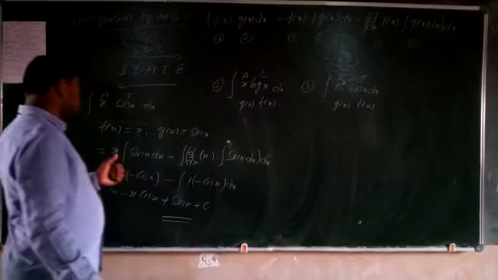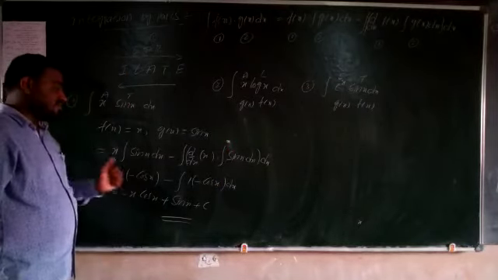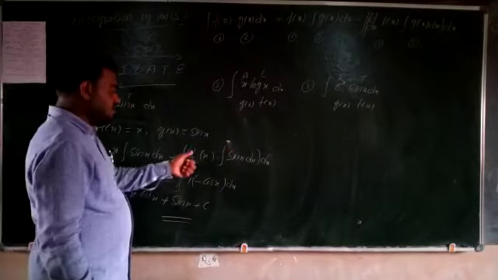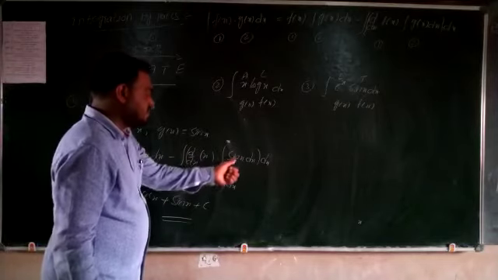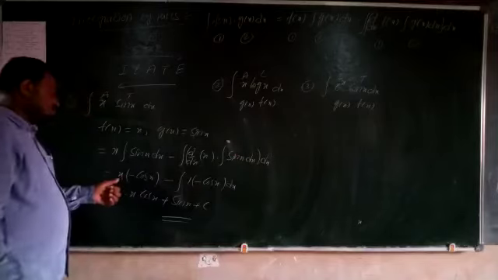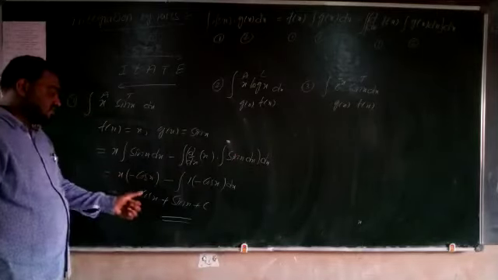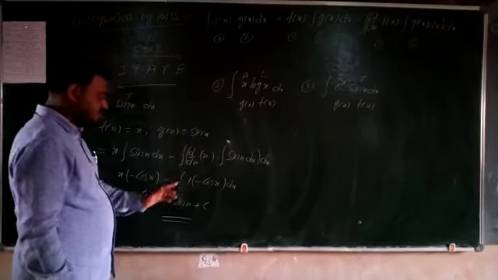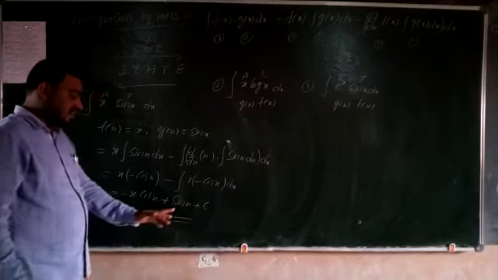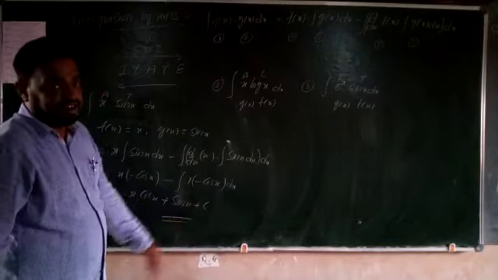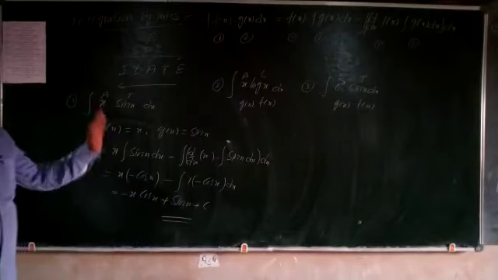So x into integration of sin x, minus cos x, minus integration of derivative of x, which is 1, into integration of sin x, minus cos x. So total: x into minus cos x, minus x cos x, minus into minus plus integration of 1 into cos x, which is cos x. Integration of cos x is sin x. After the integral, we add the integral constant c. This is the solution.